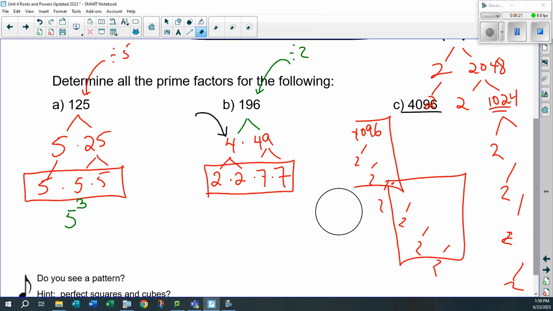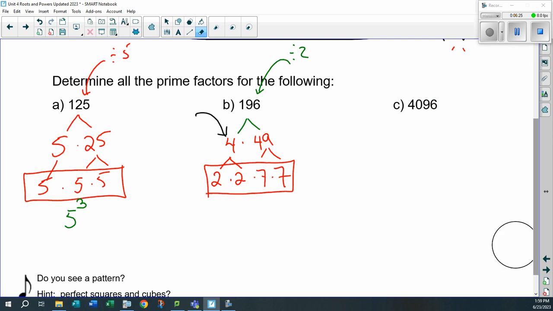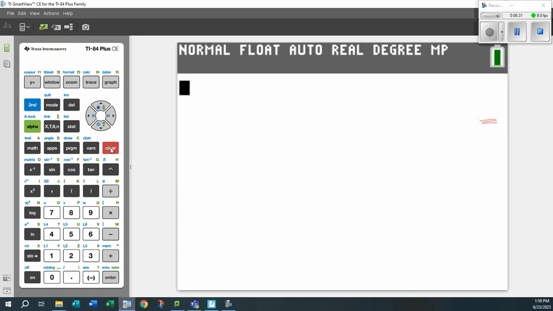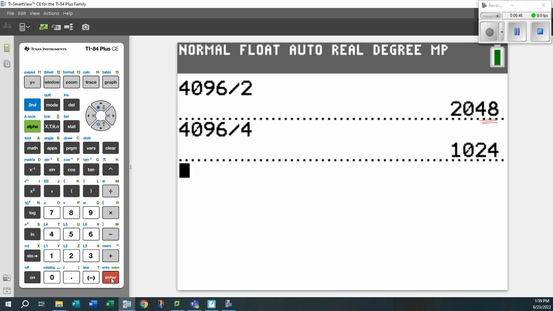Let me show you how to do this super quick, super accurate, and it'll get rid of a lot of the mess. Go to your calculator. Let's start with the 4096 again. Now, you know and I know it's even, we can divide it by 2. But did you realize that because it's an even number, we could have actually just divided it by 4?